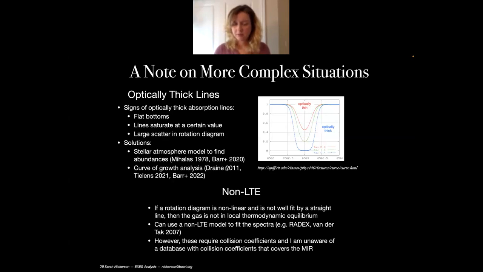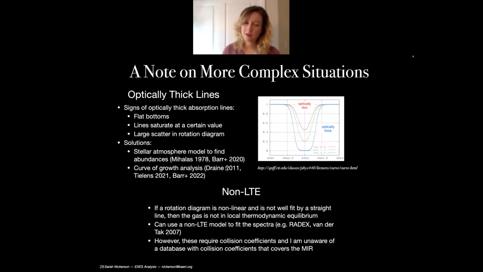If you find that your molecules are non-local thermodynamic equilibrium, so this would be if your rotation diagram's not straight, then you would need to use non-LTE modeling for it. One example is RADEX, that's really commonly used. However, you need collision coefficients for this.